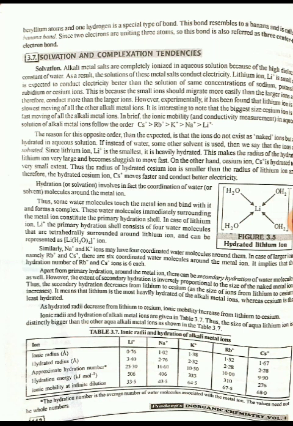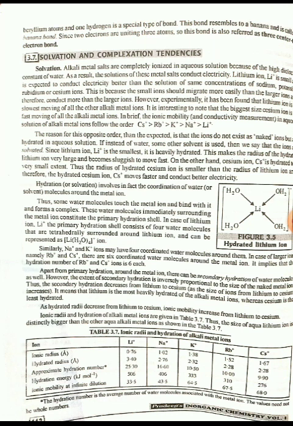It means that lithium is the most heavily hydrated of the alkali metal ions, whereas cesium is the least hydrated. As hydrated radii decrease from lithium to cesium, ionic mobility increases from lithium to cesium. Ionic radii of hydration of alkali metal ions are given in table 3.7. Thus, the size of the aqua lithium ion is distinctly bigger than the other aqua alkali metal ions, as shown in the table.